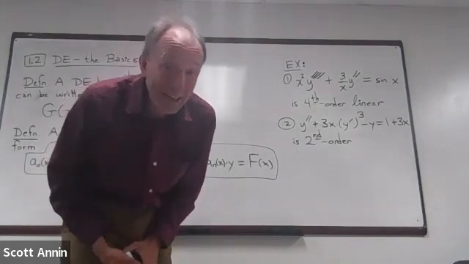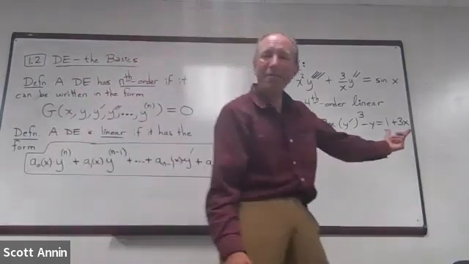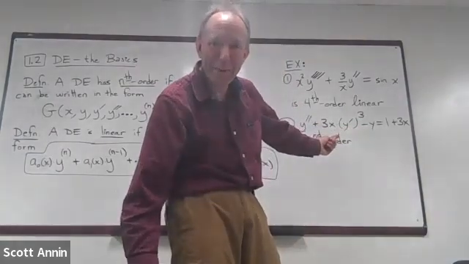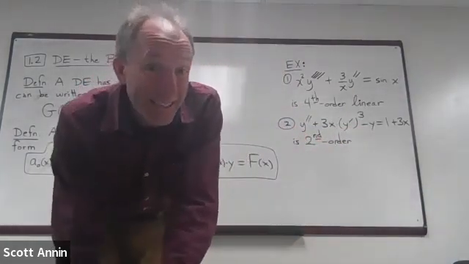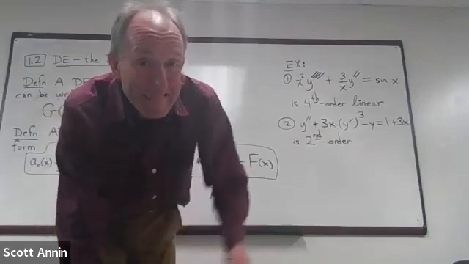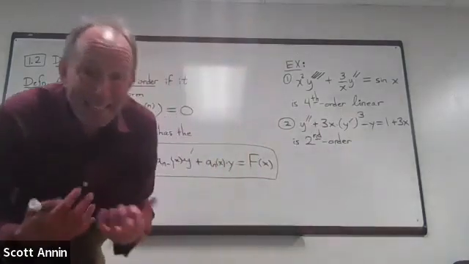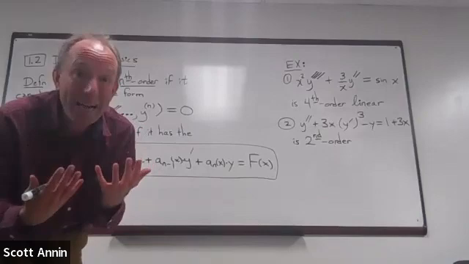Now, is it linear or is it not linear? I see the big f of x on the right side. I've got a term with y in it, a term with y prime in it, and a term with y double prime in it. But there's a problem here, isn't there? Y prime being cubed really means that you're multiplying y prime by itself 3 times.